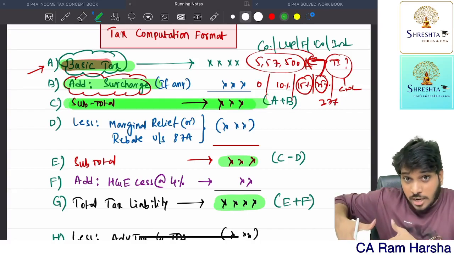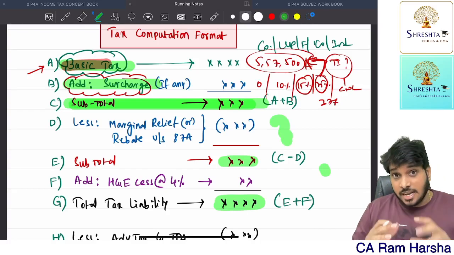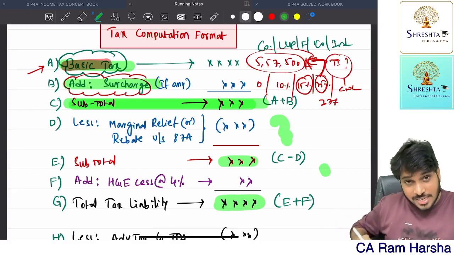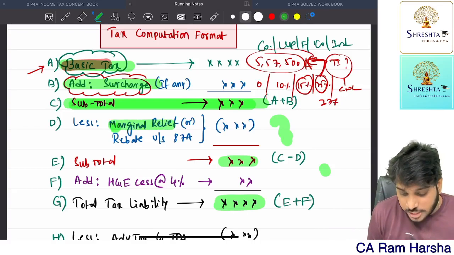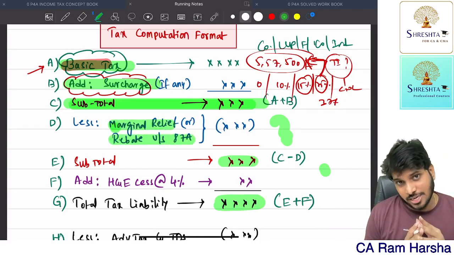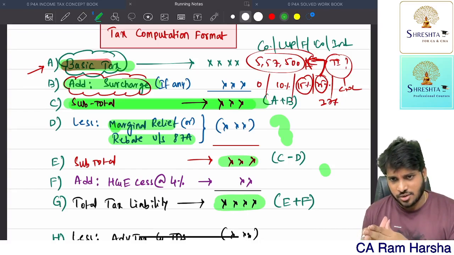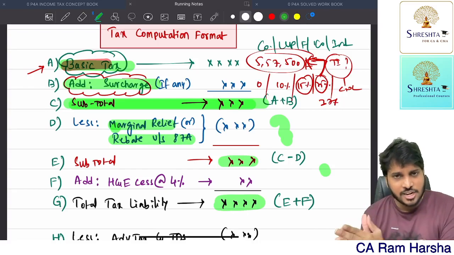In our examples, we did the entire calculation. Further, in the next session, we are going to understand marginal relief and rebate additionally. I hope you are able to understand the subject clearly. Have a nice time. Let's continue in the next session.